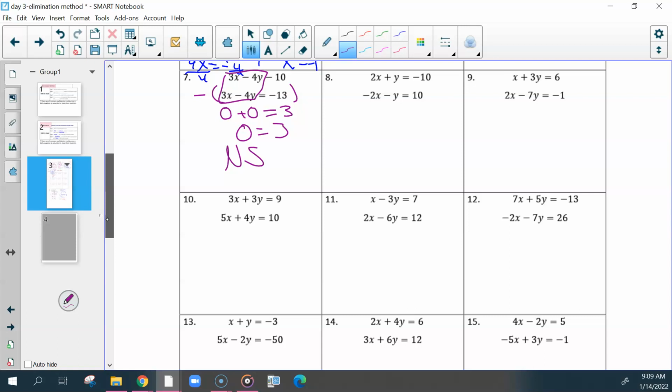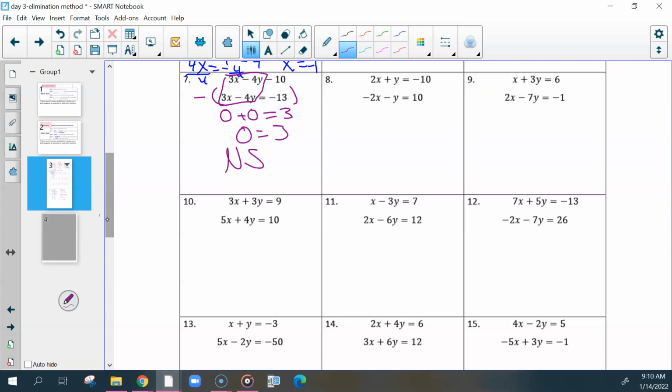Do we have common coefficients? No. So this would be a case where we have to make common coefficients before we do anything. Doesn't matter if you want to do this for x or for y, you choose. First, let's do that. Do we want to get rid of x or do we want to get rid of y? X. X, okay. If we're getting rid of x, we need to make these two coefficients the same.